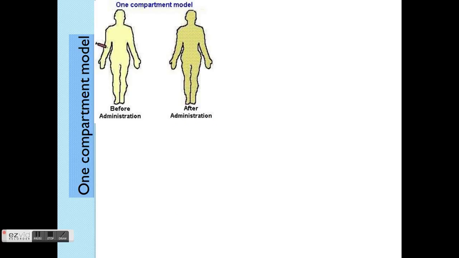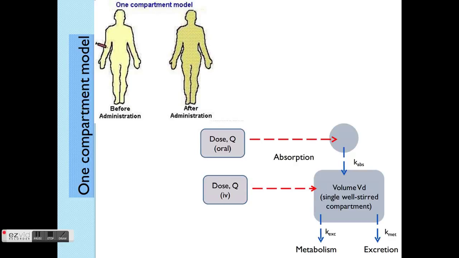The one compartment model assumes that the whole body consists of a homogeneous fluid, like pouring a powder or a solution into a test tube. Once you pour it in, the distribution throughout the whole body, or the test tube, will be equal at the same time.